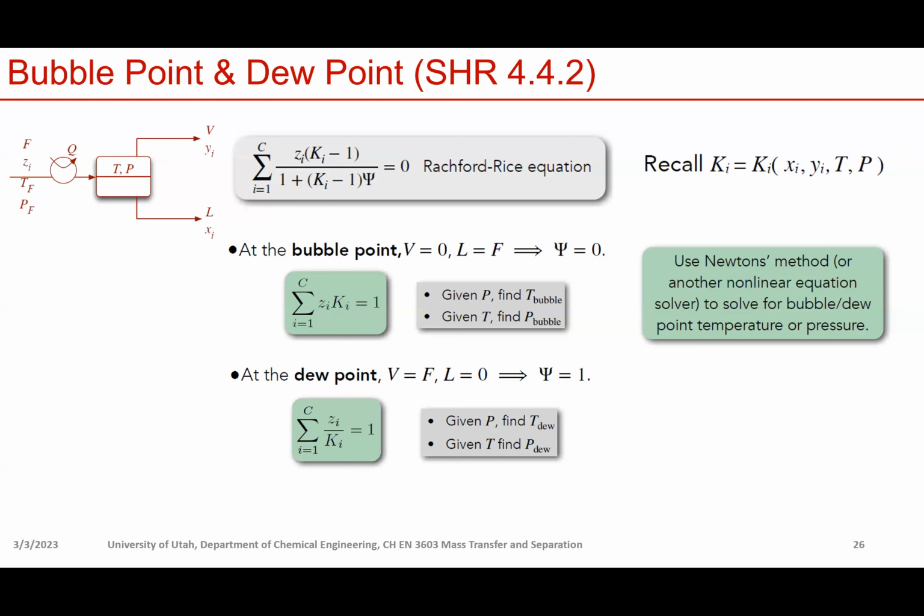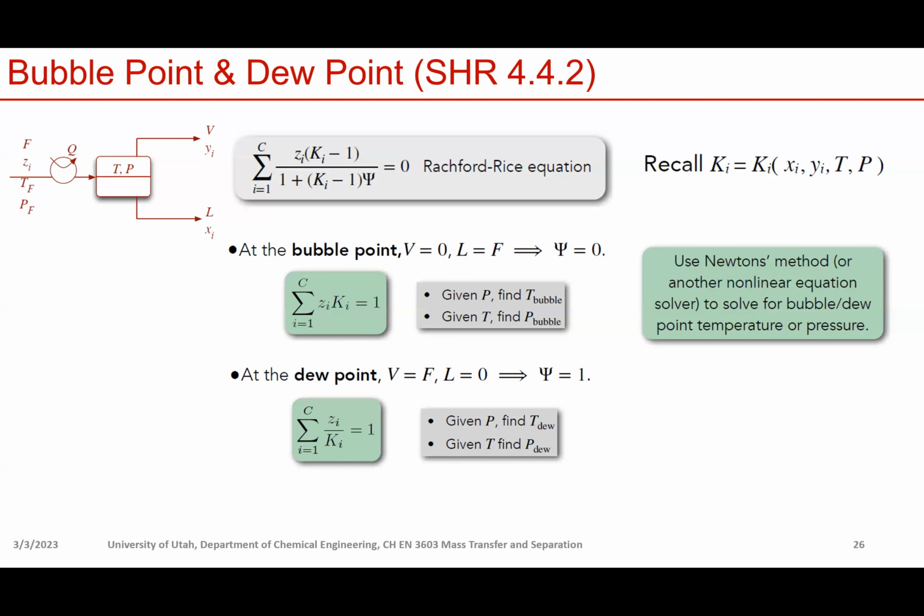That's your second guess. Then you plug your temperature and pressure into the model for computing the K value, plug it back here, compute the summation of Zi Ki again, and compare the result with 1.